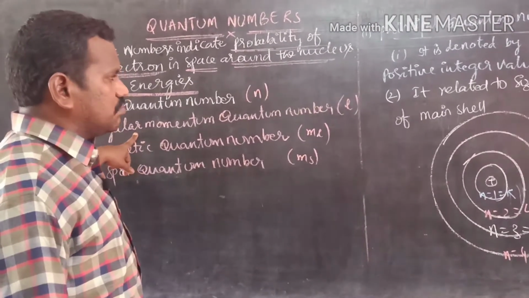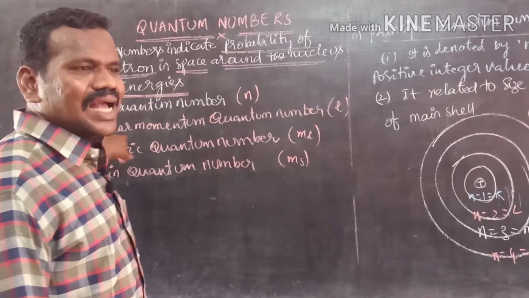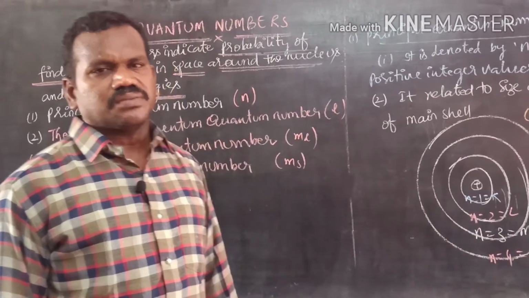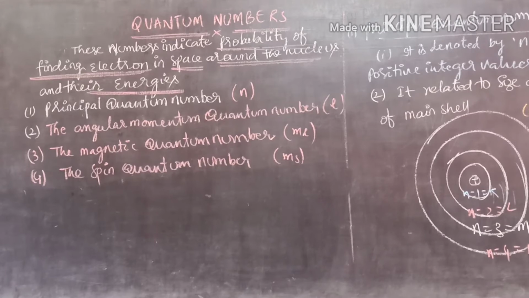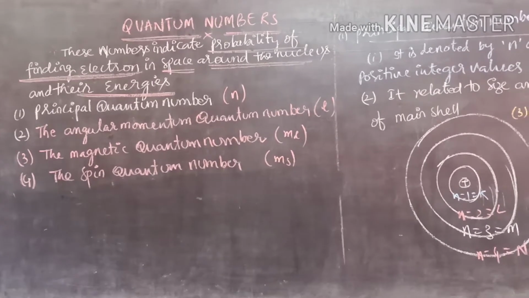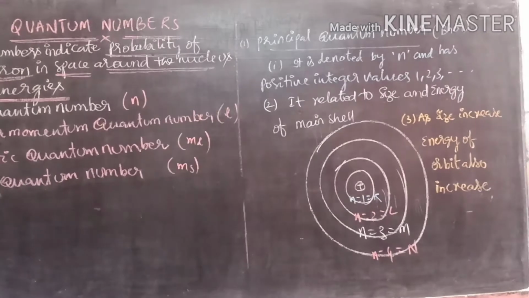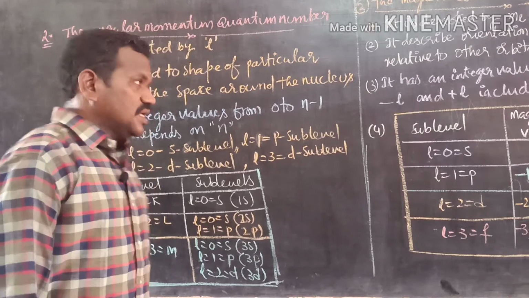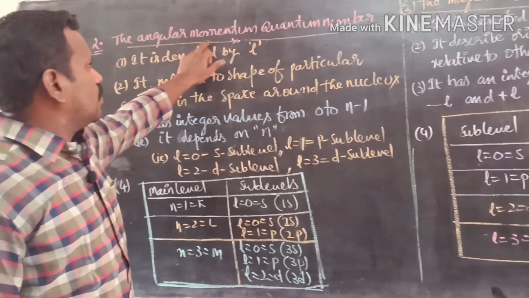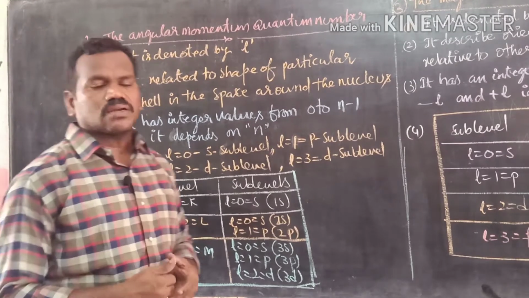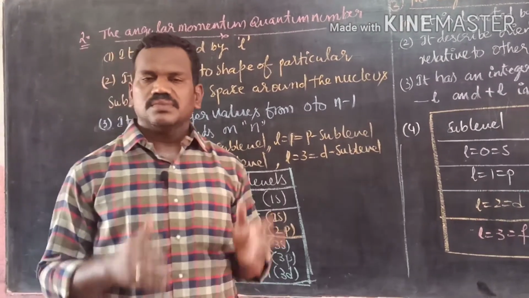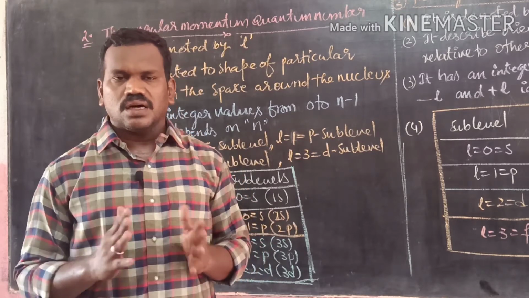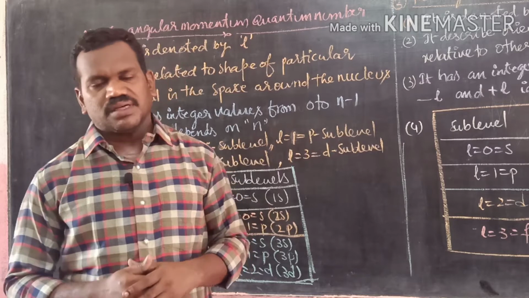The second quantum number is the angular momentum quantum number, also called the subsidiary quantum number or azimuthal quantum number.